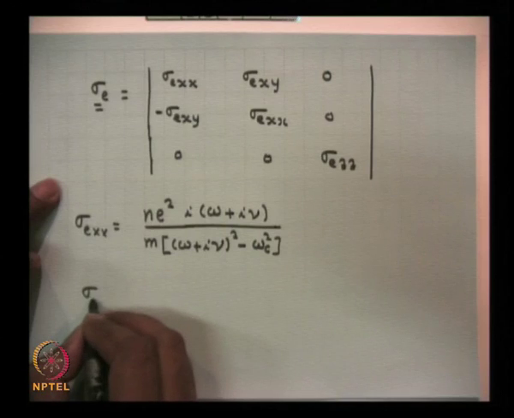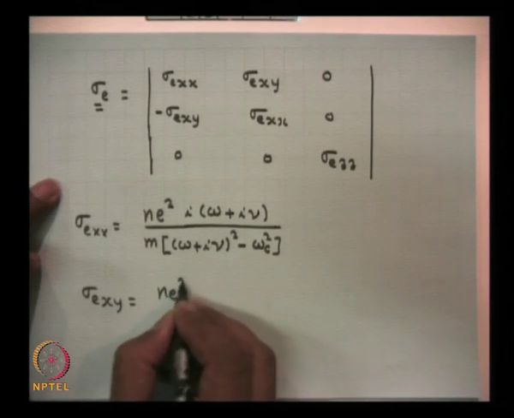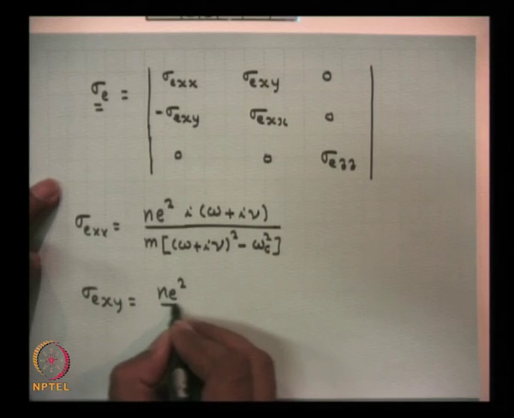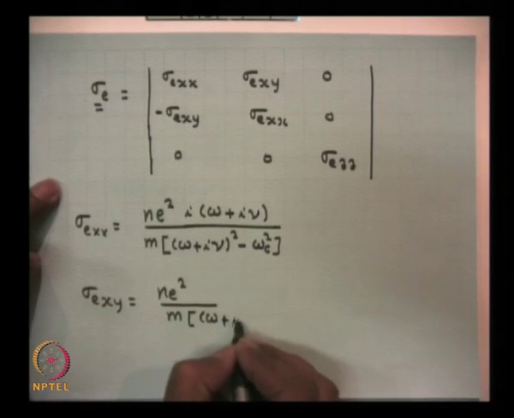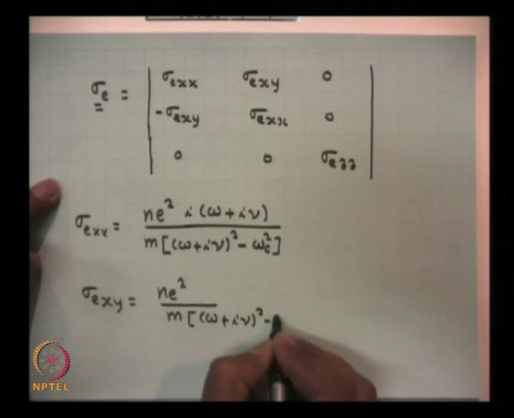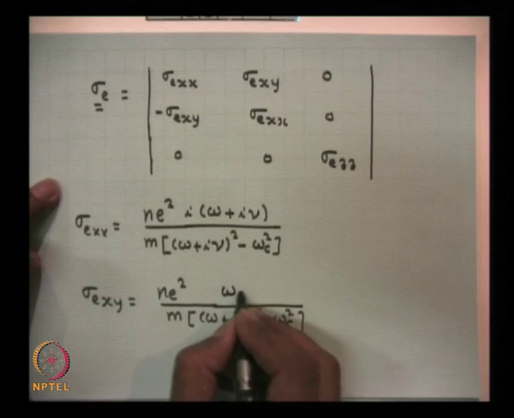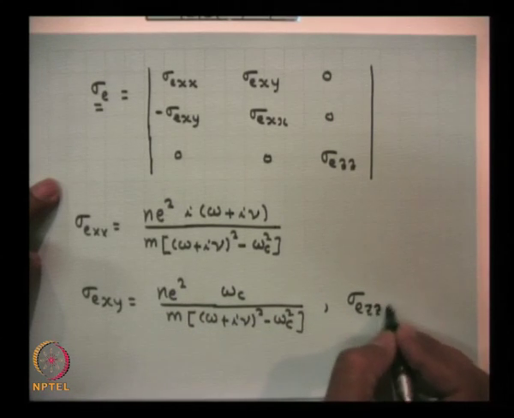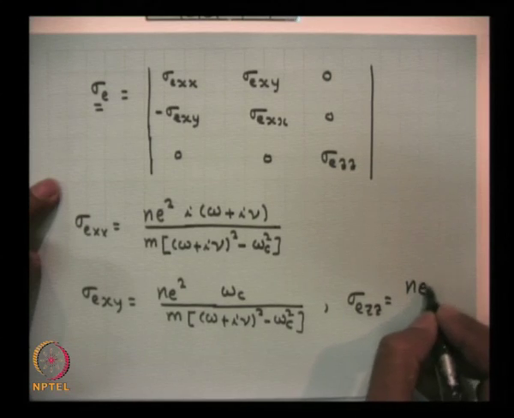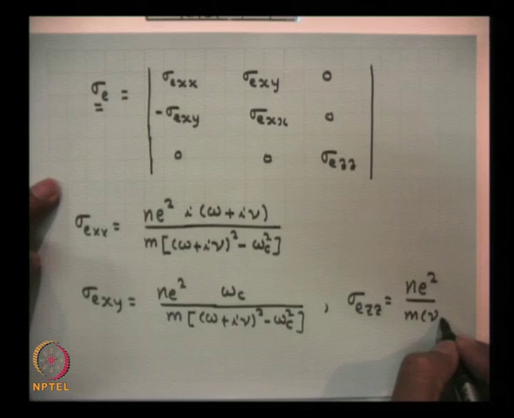And sigma Exy is equal to n e square upon m, omega plus i nu whole square minus omega c square, into omega c, and sigma Ezz is equal to n e square upon m, nu minus i omega.